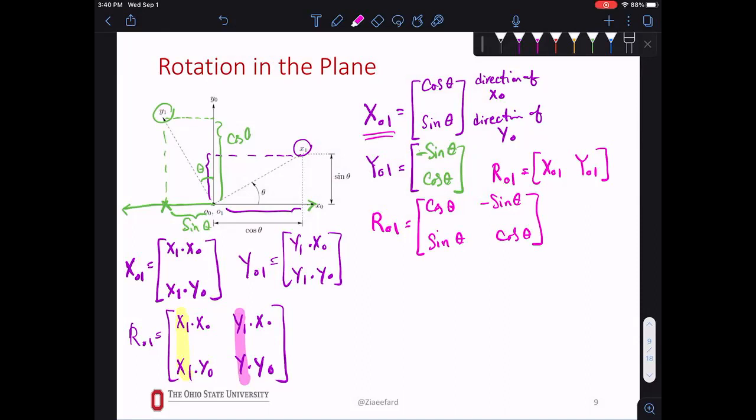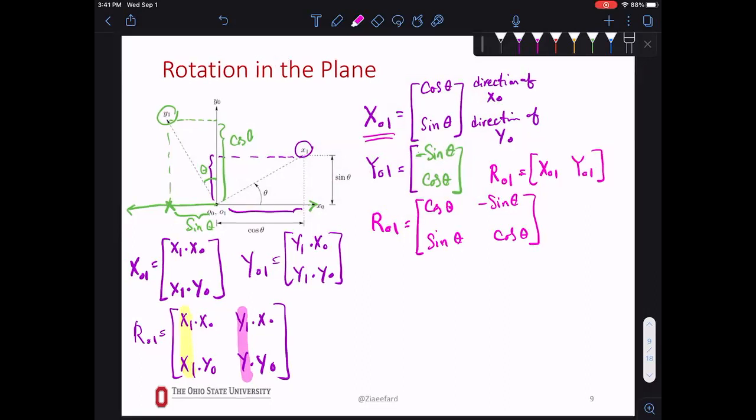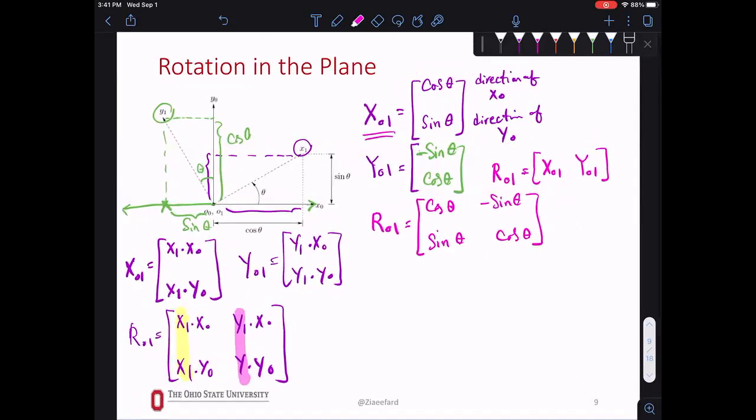Yes. You mean like x1, x0 sine of theta? Why is this not working? Hold on. Yeah, because why? So what is the dot product? x1, x0 cosine of theta, right? Both x1 and x0 are unity.